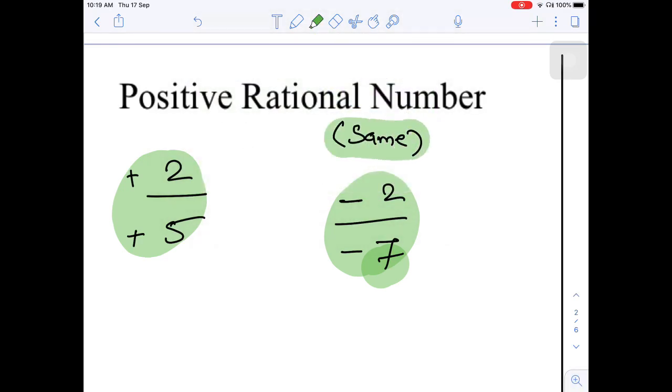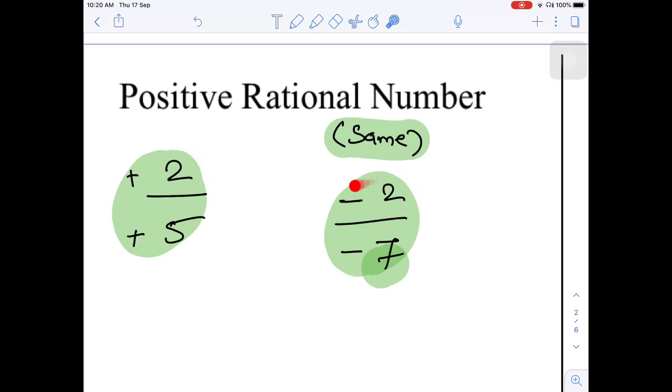Now in this number you can see that the numerator is 2, the denominator is 5. If they have no sign, or if plus is written, it means they have the same sign. Since both the numerator and denominator have the same sign, the given number is a positive rational number. Now look at this number. Here it is given as minus 2 upon minus 7. The numerator is minus 2, the denominator is minus 7.